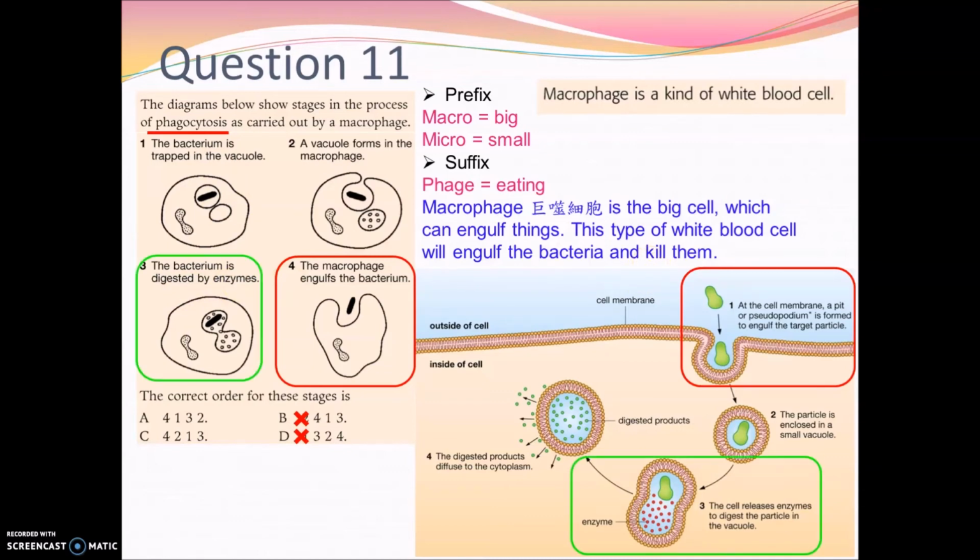It's just like this step in the green box. Some enzymes are released to the vacuole, fused together to kill the bacterium. So that's number 3. Where should number 3 be, at the last or the second last? You tell me the answer.